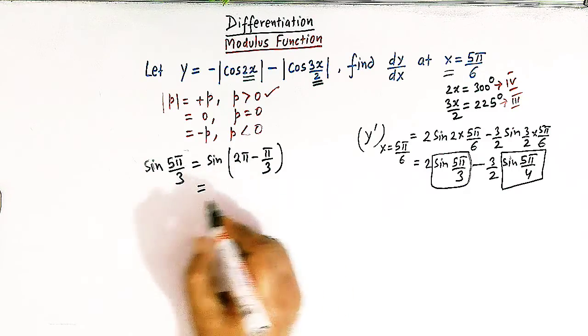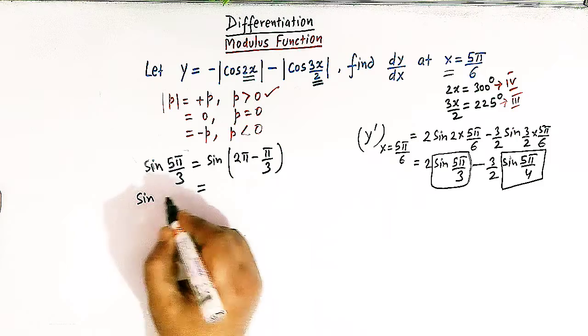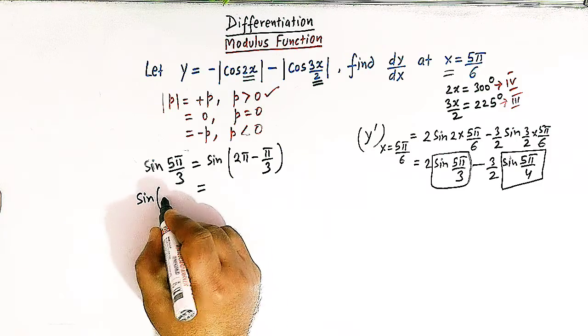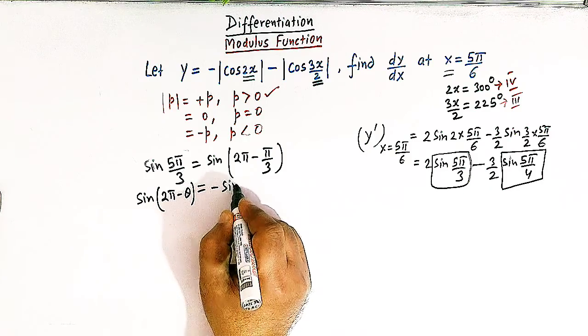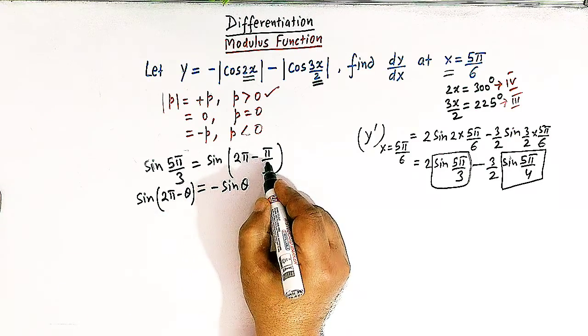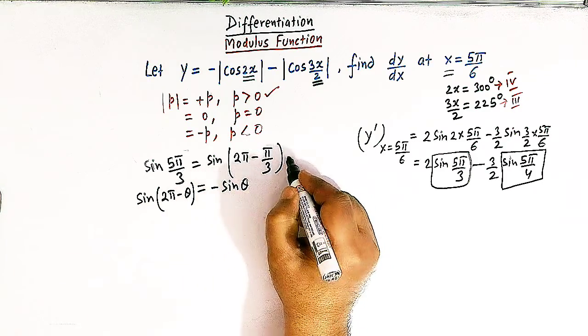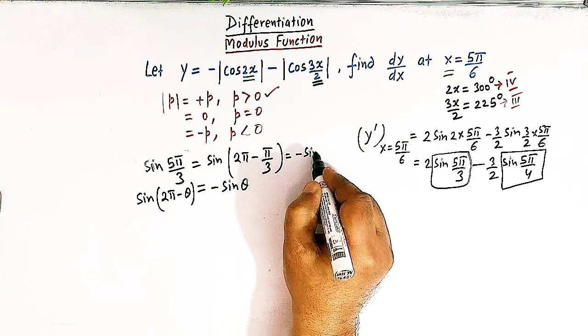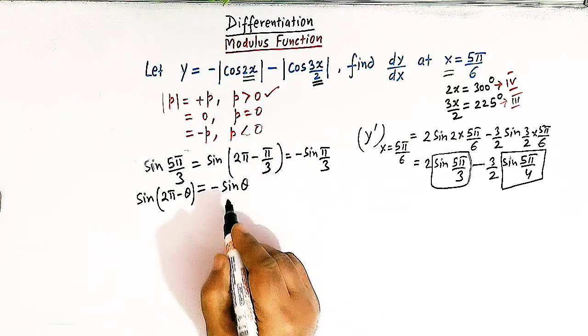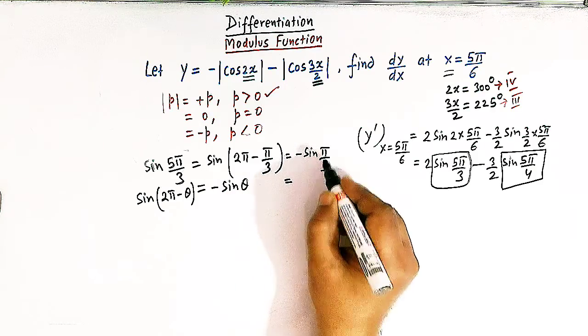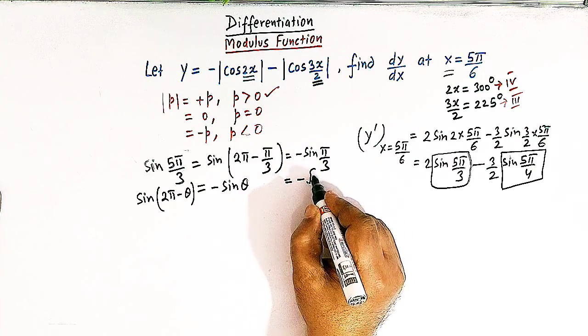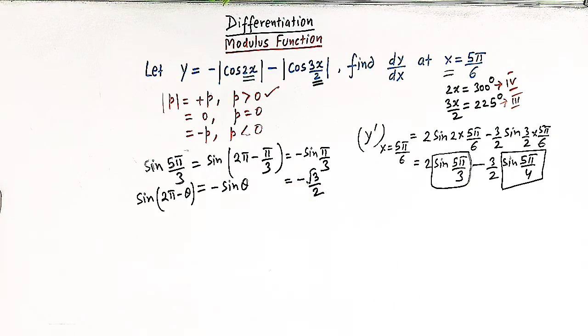Now here we can use the standard result, that is sine 2 pi minus theta is equal to minus sine theta, right? So here theta is pi by 3. So we have minus sine pi by 3 due to this result, and sine pi by 3 is sine 60 degrees. So this is minus square root of 3 over 2.